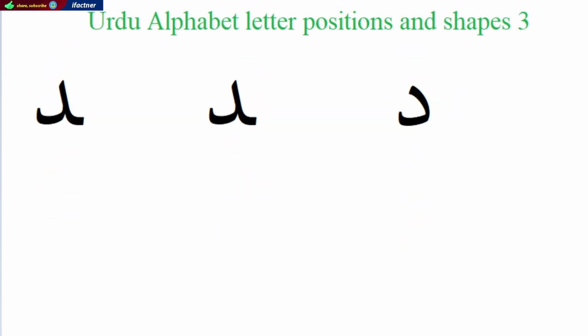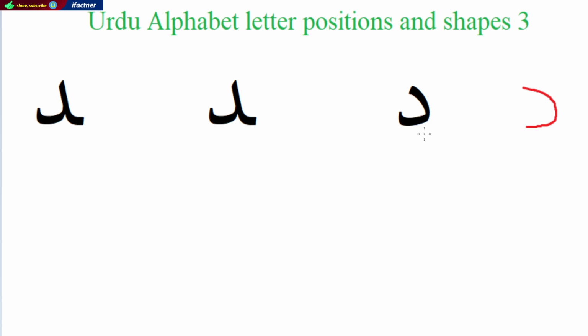Let's start our tutorial. Now we can write daal in its independent position like this. You make an inverted C or a semicircle and you get daal.